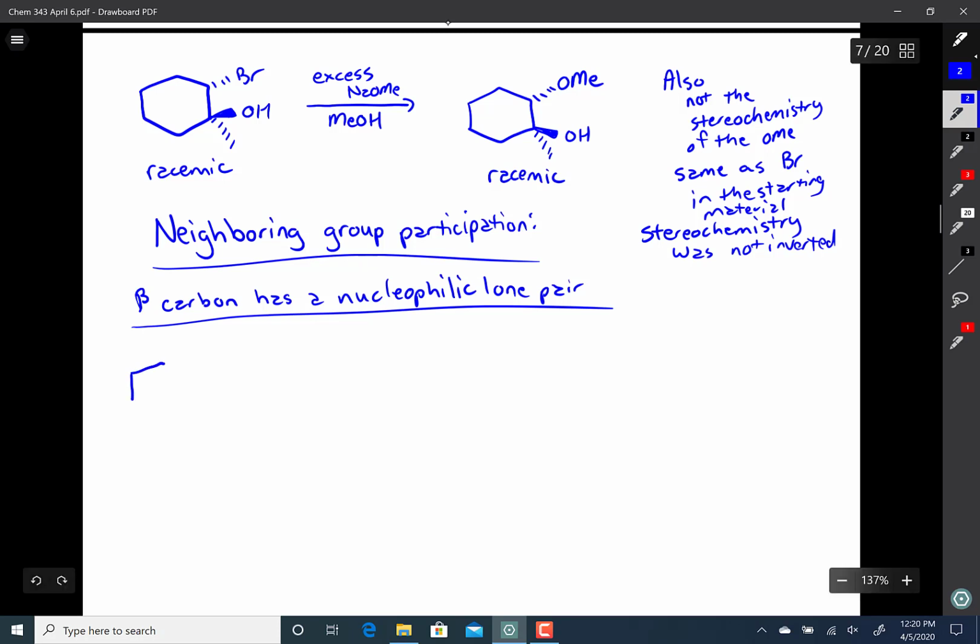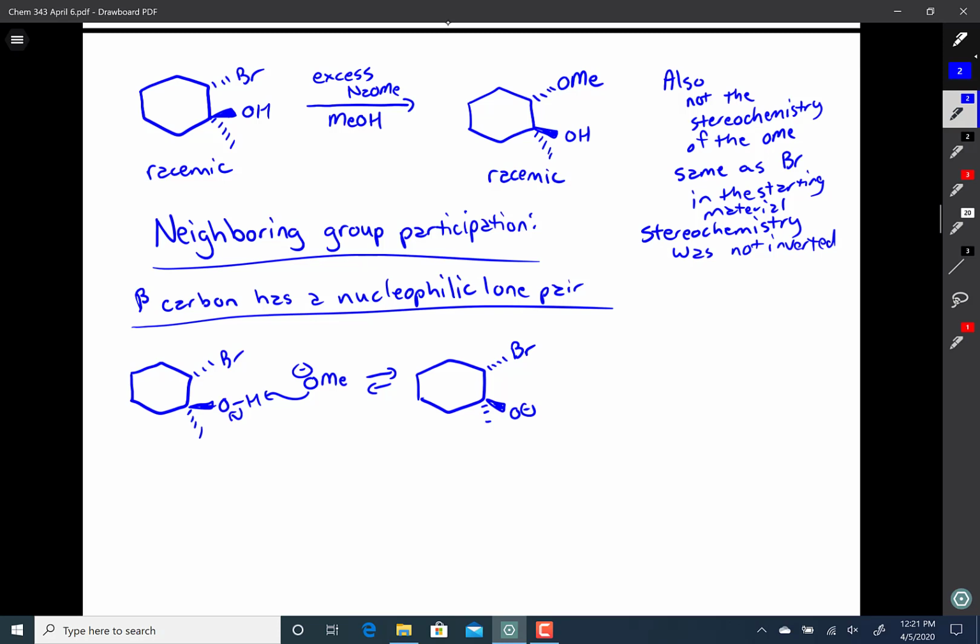So what's happening in this reaction? As the O- comes in to do the substitution or elimination, the thing is, acid-base chemistry is far faster than substitution and elimination chemistry. So the acid-base reaction happens first.